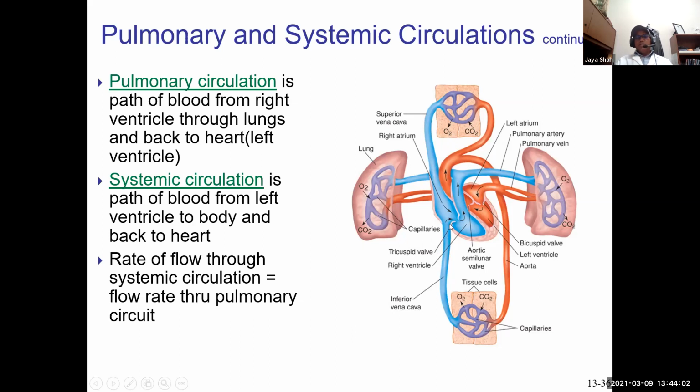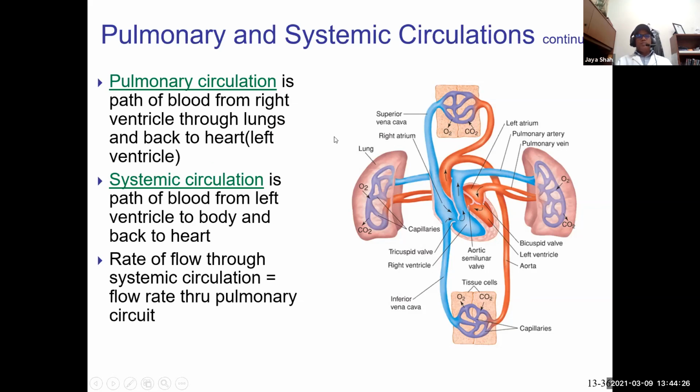Pulmonary circulation, you start from here, right side, go to the lungs, come back to the heart. This circuit is the pulmonary circuit. From the left atrium, go to the body and back to the heart is the systemic circuit.